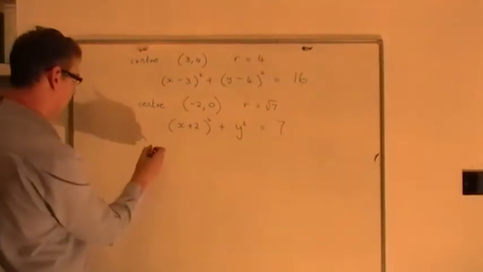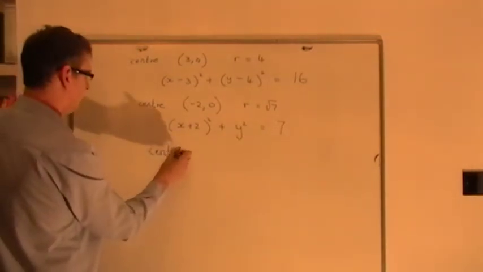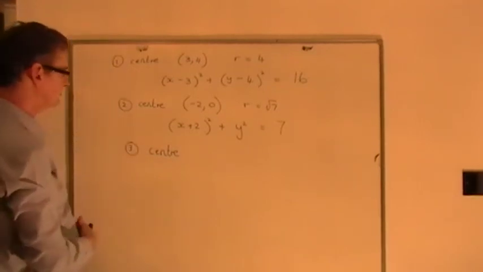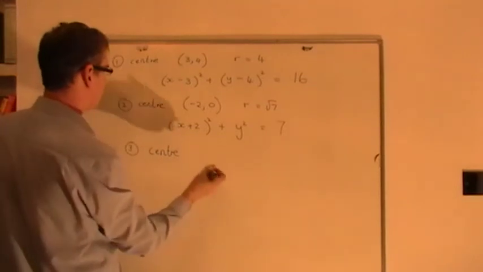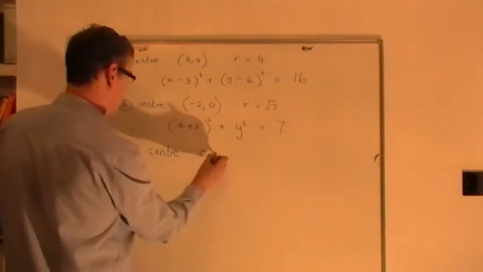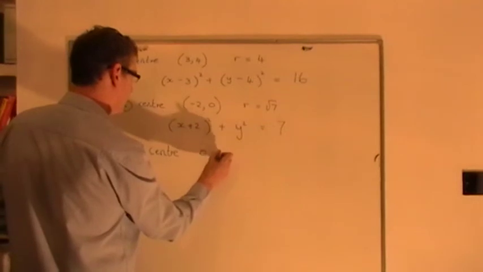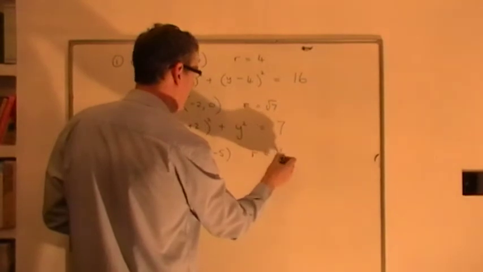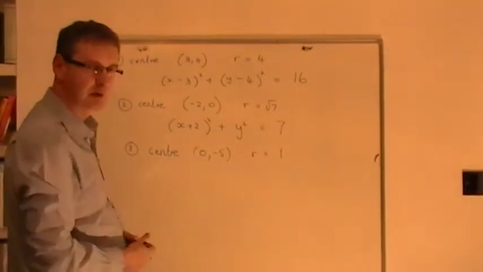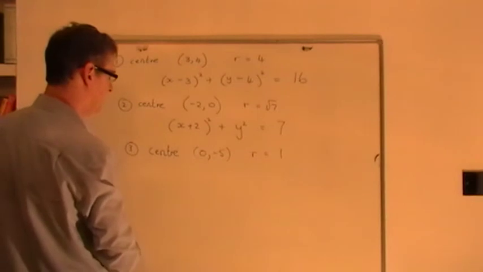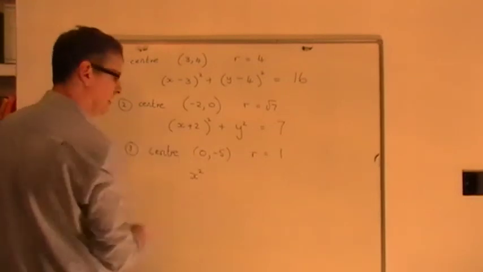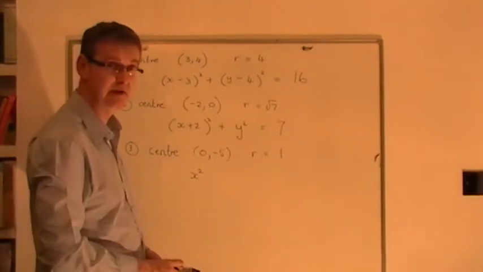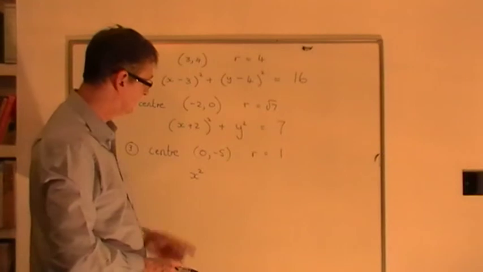Okay, let's do another one. Call that number 1, number 2, number 3. If I give you that the centre of a circle is (0, minus 5), and I tell you that the radius is 1, then the equation of the circle will be, because the first one is 0, I'm just going to write x squared, or if you like, x plus 0 in a bracket, or x minus 0 in a bracket, doesn't really matter, but the best way of showing that is just x squared.